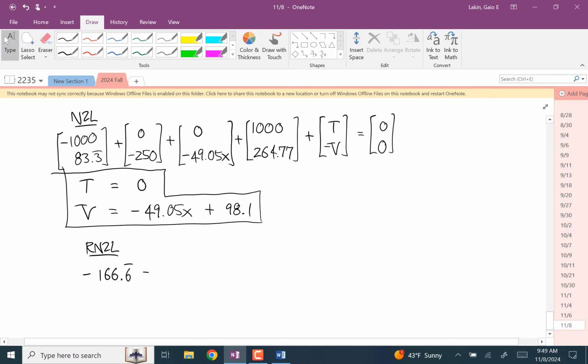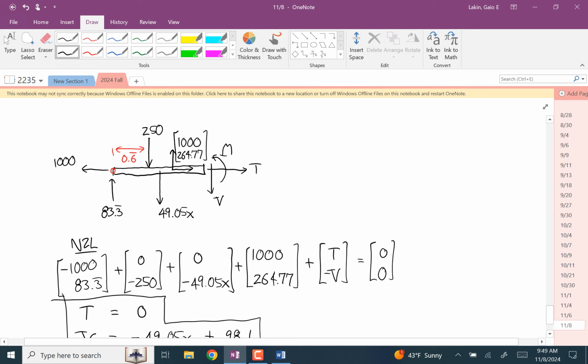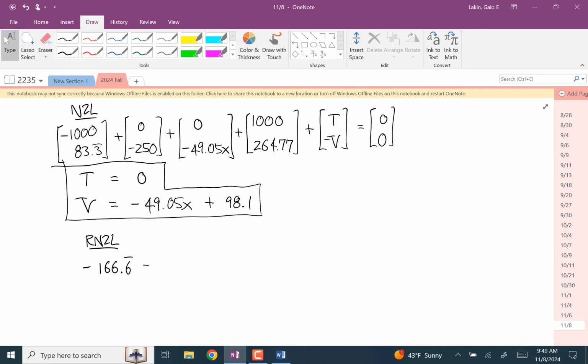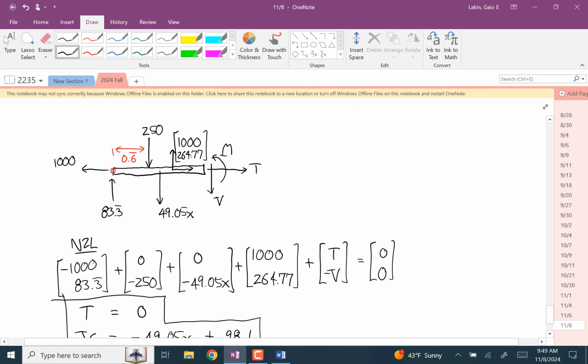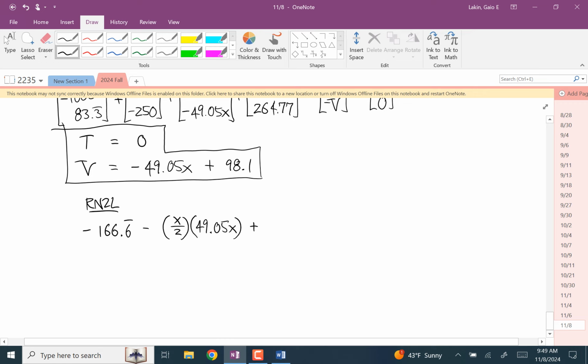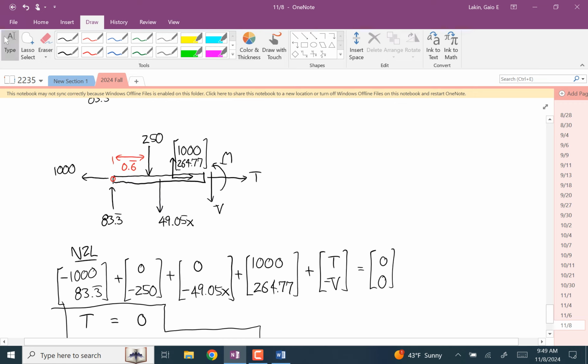All right, so we got the first moment, then the 49.05x is negative with a moment arm of x over 2. Then this one, we only care about the y component for the moments. Is that y component clockwise or counterclockwise? Counter. And what's the moment arm for that? X over 2? Nope, that one is at 1.